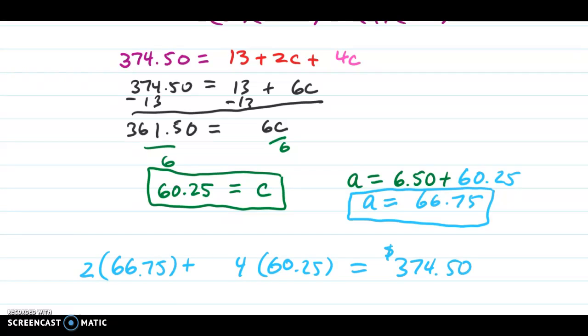That's a good way to check and make sure that your answer is correct. And this is an example of how to write a linear equation from a real world situation. Set it up, write the equation, and solve it and check it.